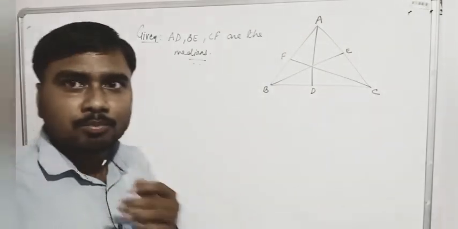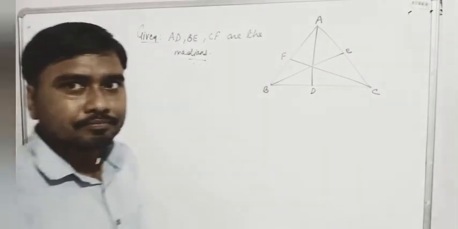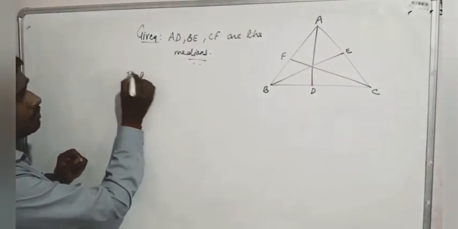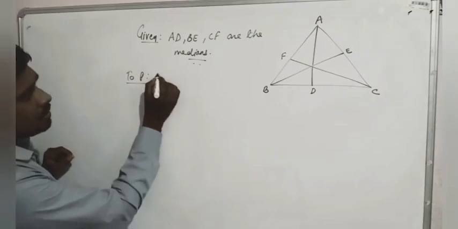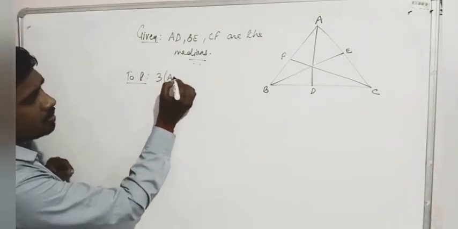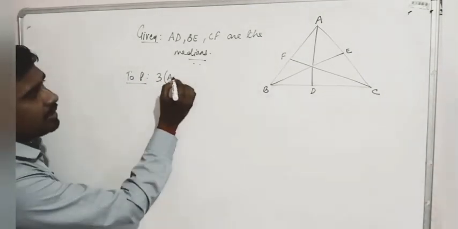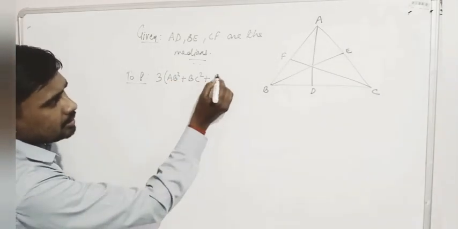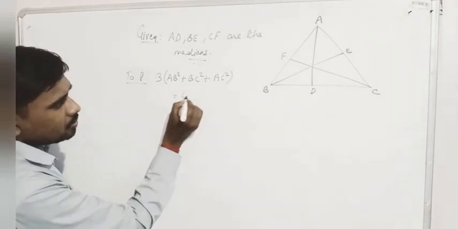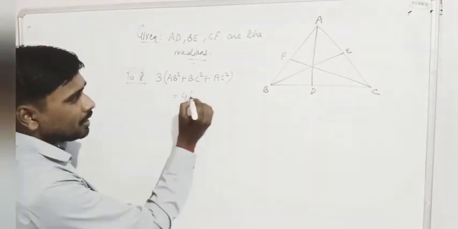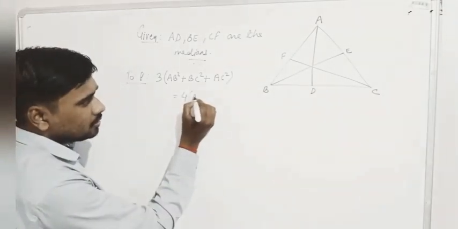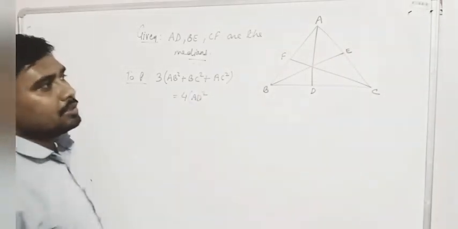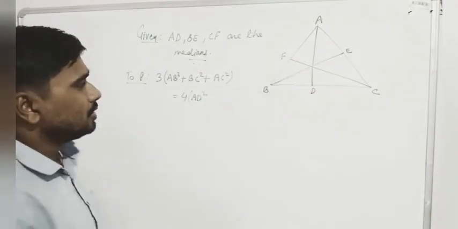Now what we have to prove? To prove that 3 times the sum of the squares of the sides, AB square plus BC square plus AC square, is equal to 4 times the sum of the squares of the medians, that is AD square plus BE square plus CF square.